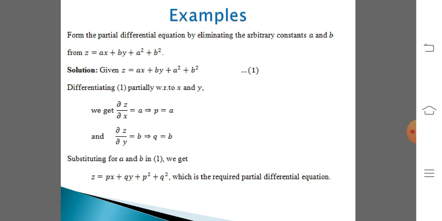You take the given equation z equal to ax plus by plus a square plus b squared as number 1. You differentiate equation 1 partially with respect to x.